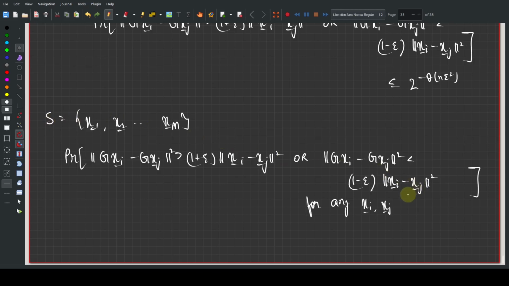If I call this set, right, so this probability, I can just use the union bound.